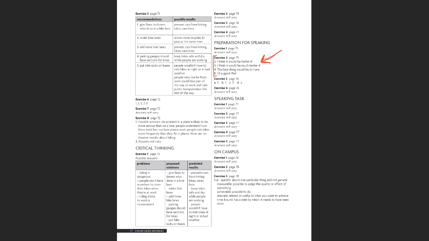Okay, really quickly, as you're processing this information, take a look at the sentence structure in these examples. Number 2 and 3, after if, what do we have? Do we have an adjective? Do we have a verb? What is the structure after if?